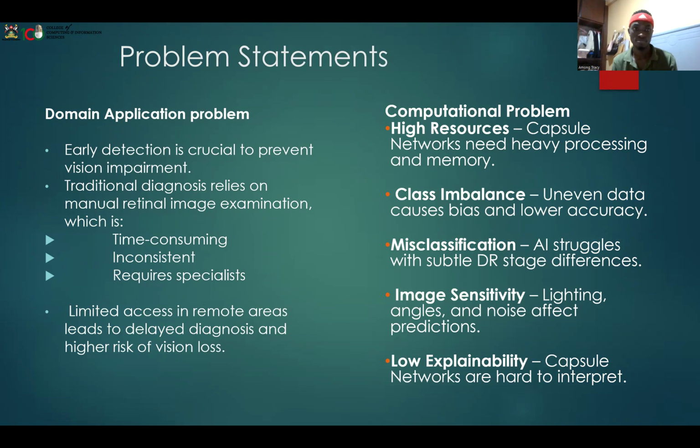The domain application problem. This is the problem that we are trying to solve by our work. One of the problems is the detection of diabetic retinopathy.